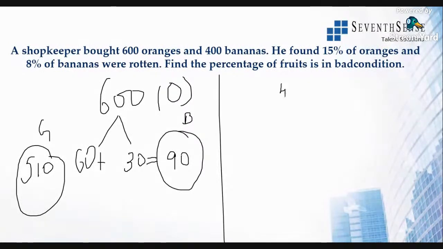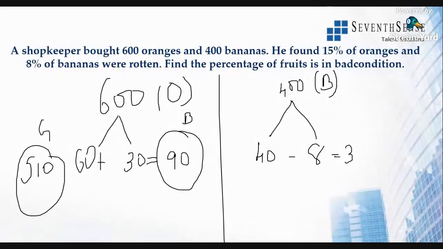Next, we bought bananas. So 400 bananas. 8% were lost, so I'll take it as 10 minus 2. 10% is 40, minus 2%. 1% is 4, 2% is 8. 40 minus 8 is 32.